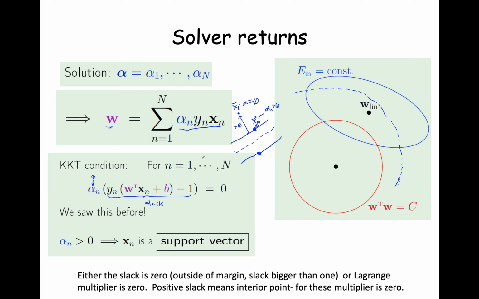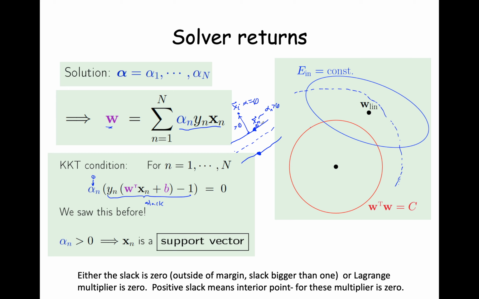Well, there's no constraint if we have a slack that's greater than 0. Because this point is not holding up the margin, it has no bearing on the definition of what the margin is. It doesn't govern the hyperplane. And so if we have a non-zero slack, that's like having a constraint like this red curve. Now it's going to have some influence.